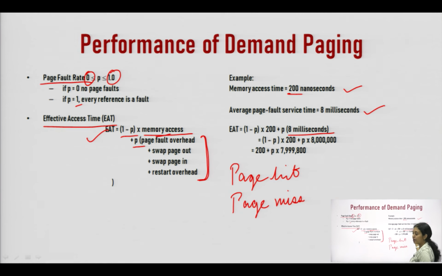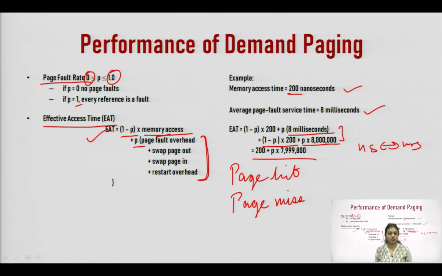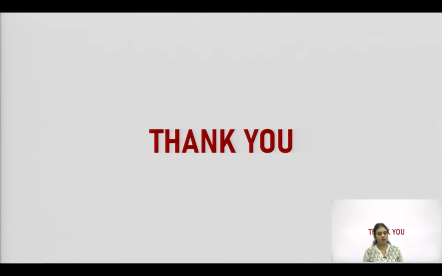Calculating, we get (1 minus P) times 200 plus P times 8,000,000. This is nothing but the conversion between nanoseconds and milliseconds, and then finally we get this value. So, by using this formula we can calculate the performance of demand paging, and with this, that is all for this lecture.